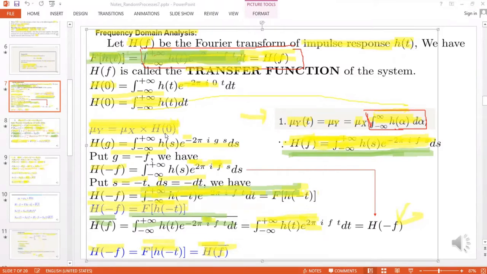Here we have three results for the transfer function: H of minus f is equal to the Fourier transform of h of minus t, and it is also equal to the complex conjugate of H of f. So these results we have to remember: this one, this one, this, and this.